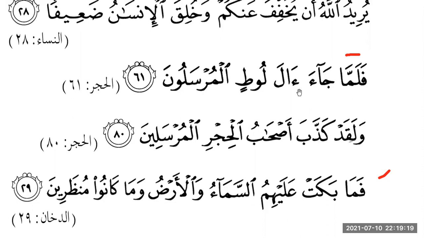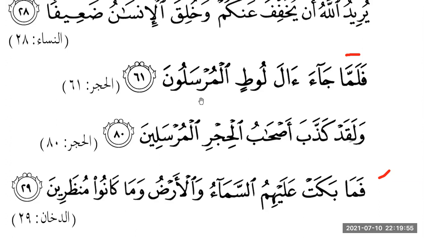Okay, but then you have ala lutin. Ala means family, lutin, Lot, and al-mursalun is a passive noun with a mim with a dhamma, mu, and the root word is ra, sin, lam. See, the second letter takes a fatha, it becomes passive.